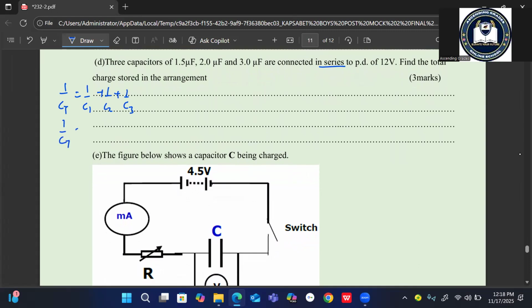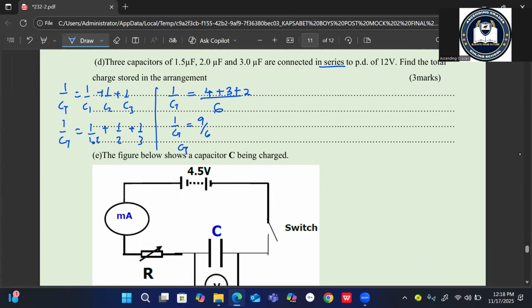That is 1 over 1.5 plus 1 over 2 plus 1 over 3. The LCM here is 6. From 1.5 we go 4 times, from 2 we go 3 times, from 3 we go 2 times. This gives 1 over CT equals 9 over 6.